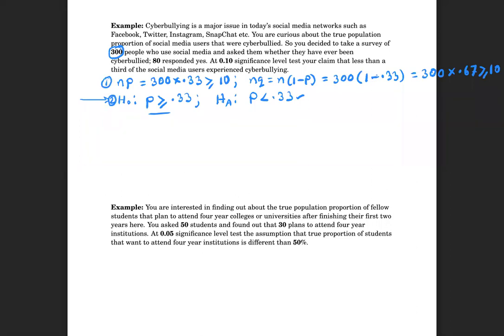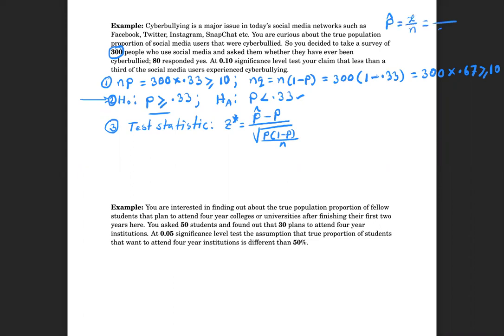And step 3, you're going to do the calculation for the test statistic, which is Z star equal to P hat minus P divided by the square root of P times 1 minus P, all of it divided by N. Now P hat, remember, we did it before, is X over N that you get from your survey.